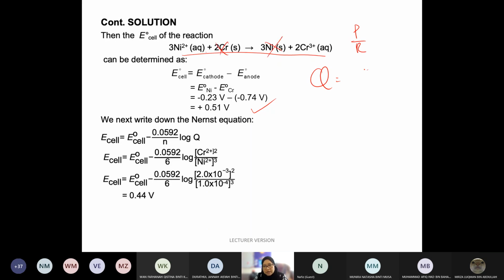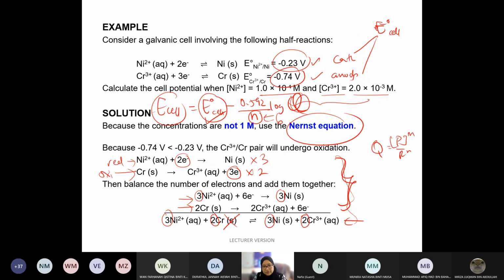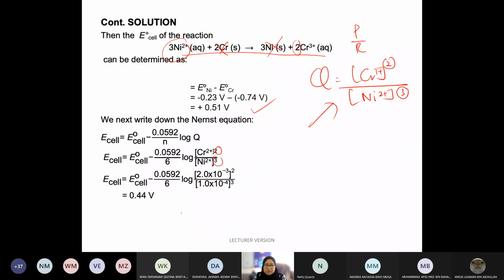Product is Cr3 plus kuasa 2 guys, over reactant Ni2 plus kuasa 3. See? Jangan tertinggal. Once you have identified this, you can simply get the values from the question just now, insert into the quotient, and the rest are all mathematical. Semua matematik dah, tekan kalkulator, yang ni je yang you nak identify.